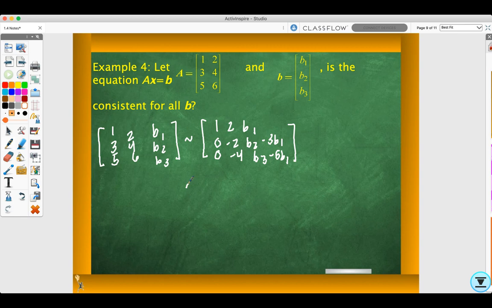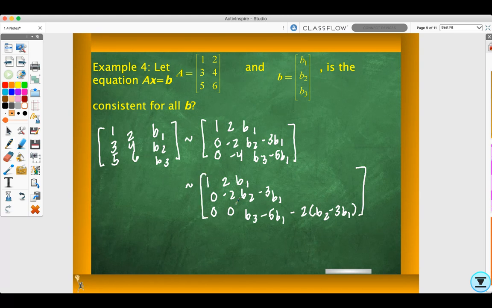And from here, in the bottom row, I could subtract 2 times the second row and zero it out. So I would have 1, 2, b1, 0, negative 2, b2 minus 3b1, and 0, 0, b3 minus 5b1 minus 2 times b2 minus 3b1.